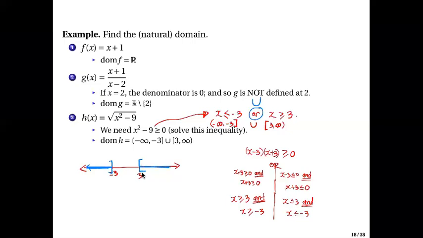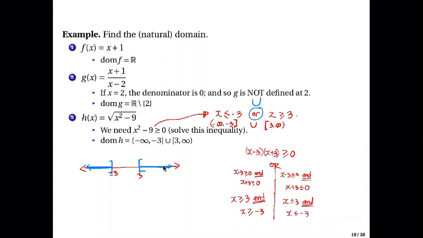So when we say "or," union, we combine all this set. This set here and this set here, we combine them into a single solution set. That's why you put this into a single real line.